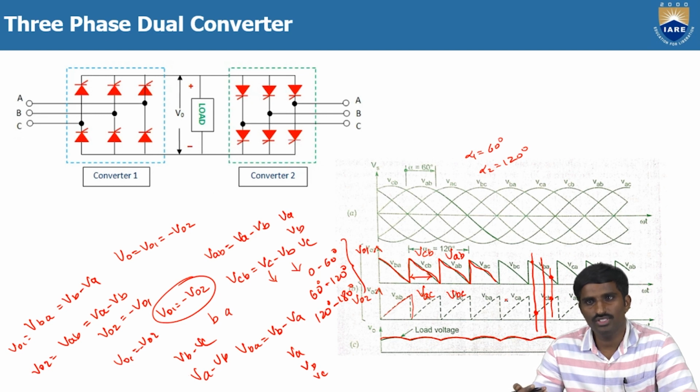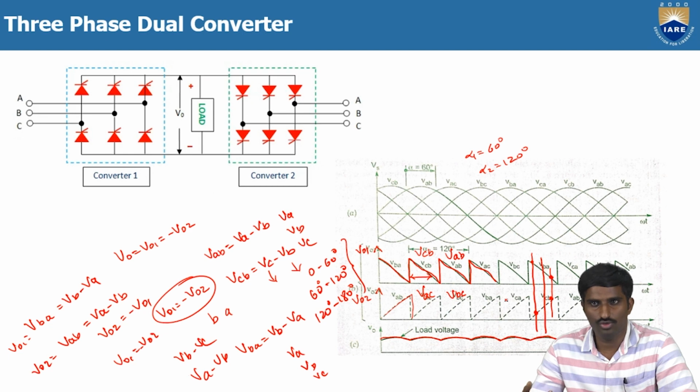Then when coming to the 3-phase, it is the same as the single phase, but the output voltage waveforms are totally different, because we have already discussed the three-phase rectifiers and how to draw the output voltage of a three-phase rectifier. The same way here also, first if you get V01, then automatically you will get V02, because as we know V01 is equal to minus V02.